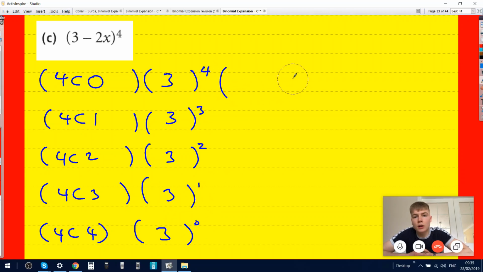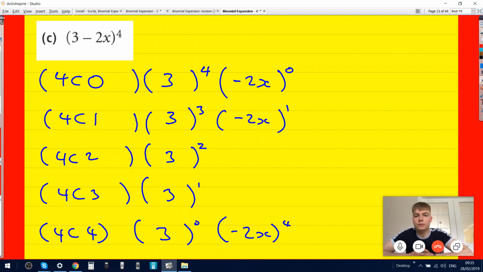This one? Is that the 2x to the power 0? Yes, don't forget the minus. Minus 2x, sorry. And then minus 2x to the power 1. And then all the way up through 4. That's it. And you'll add all those.